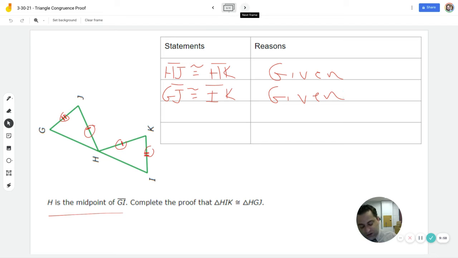Then I have to go to this directions here. H is the midpoint of GI. So we've already kind of done one with a midpoint, but just a reminder. So if H is the midpoint of GI, then I can say that one side of the line segment is equal to the other side, which makes GH equal to IH. And that's by midpoint.